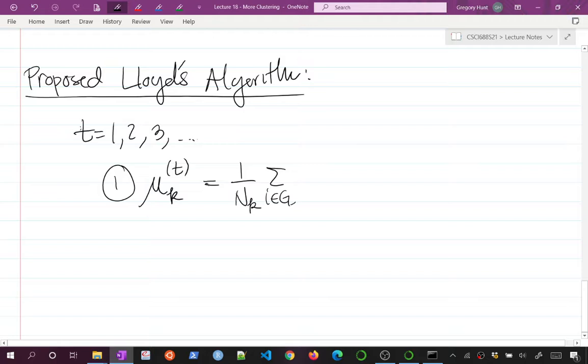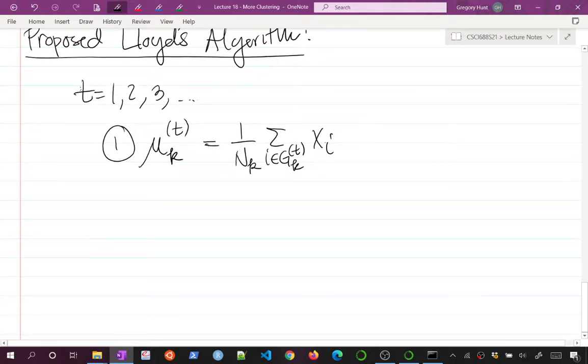So I look over i in group k at time t and I sum up my xi, because we're going to be updating these groups over time. Cool. So that was our update step.